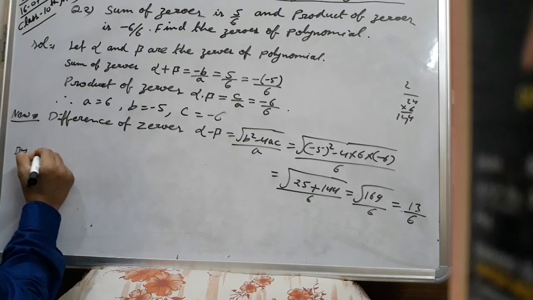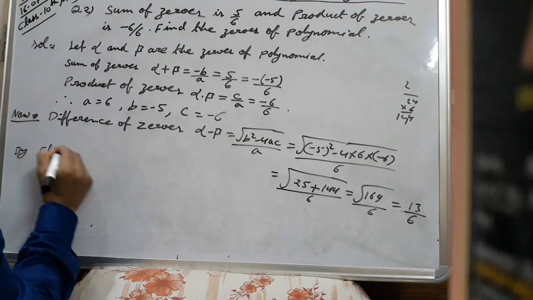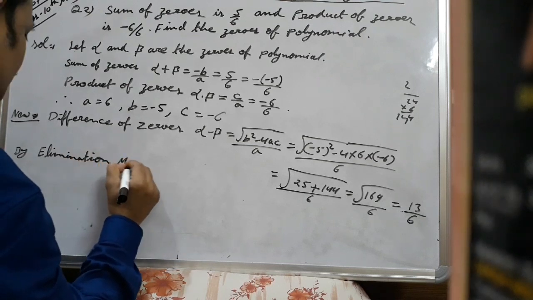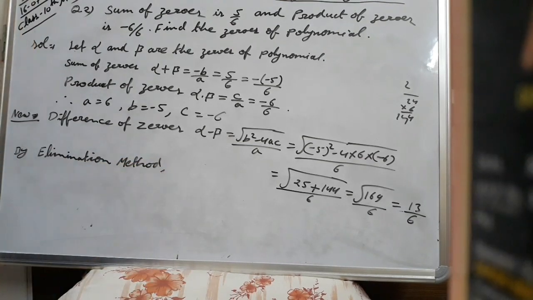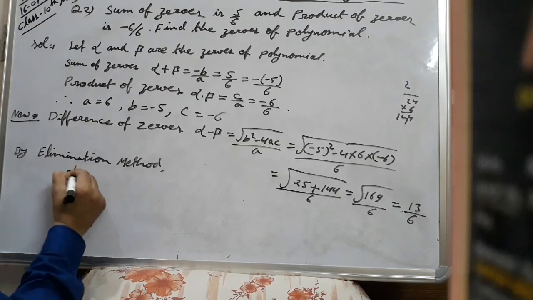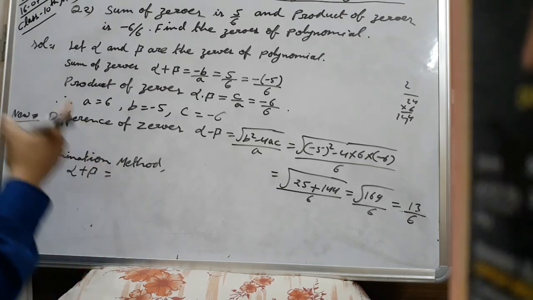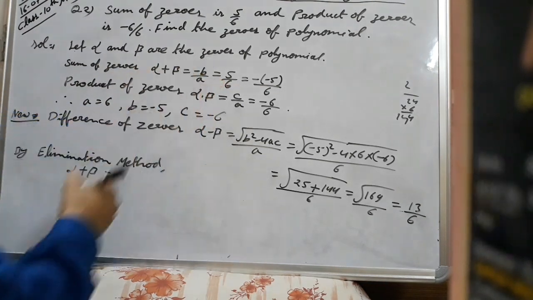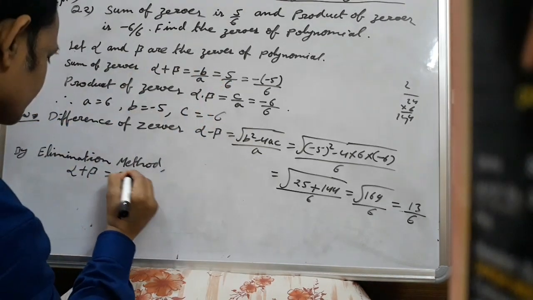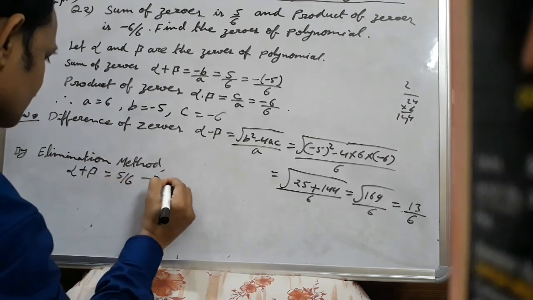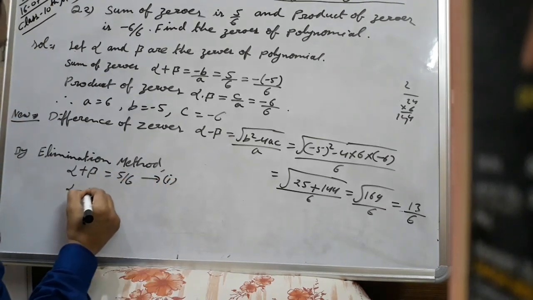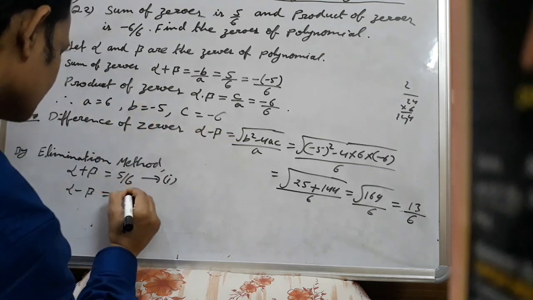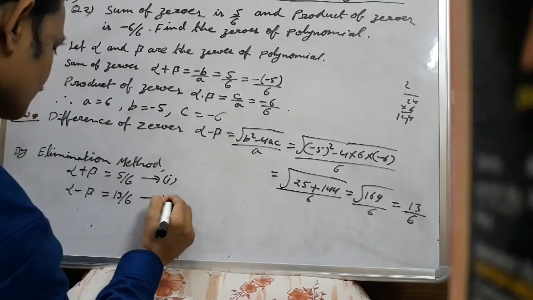Now by elimination method, what will happen? Alpha plus beta is 5 by 6. This is first equation. And alpha minus beta is equal to 13 by 6, second equation.